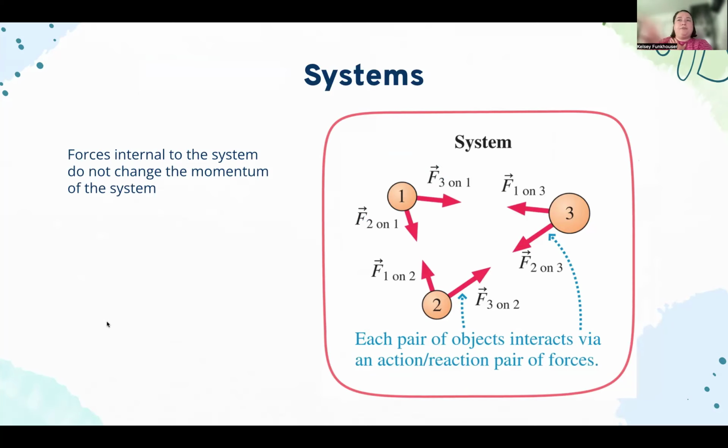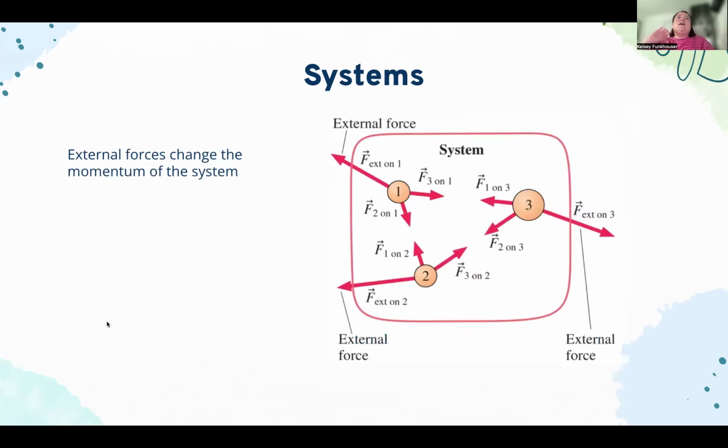So the same is true for a bigger system, or at least when you intentionally label it as such. External forces, as in forces coming from or going toward objects not within the system, those do change the momentum of the system.